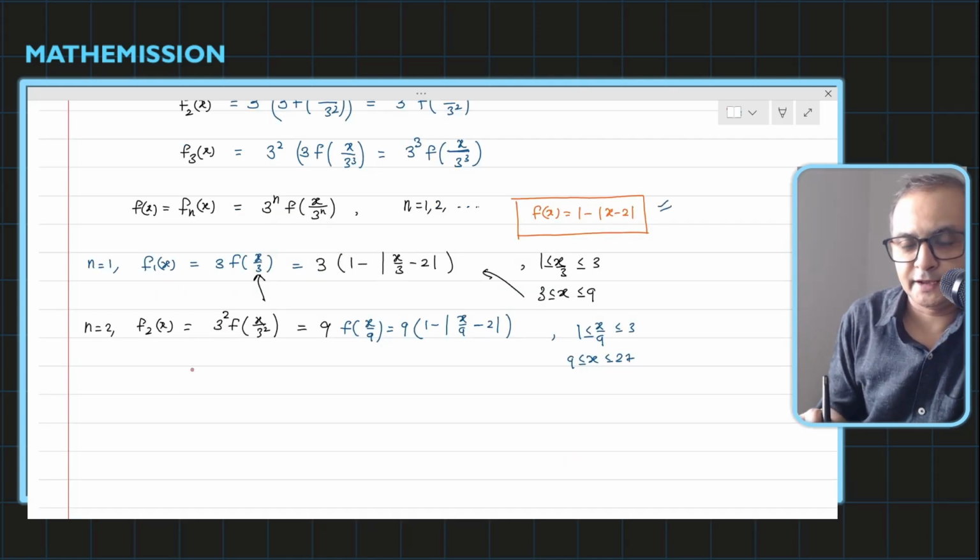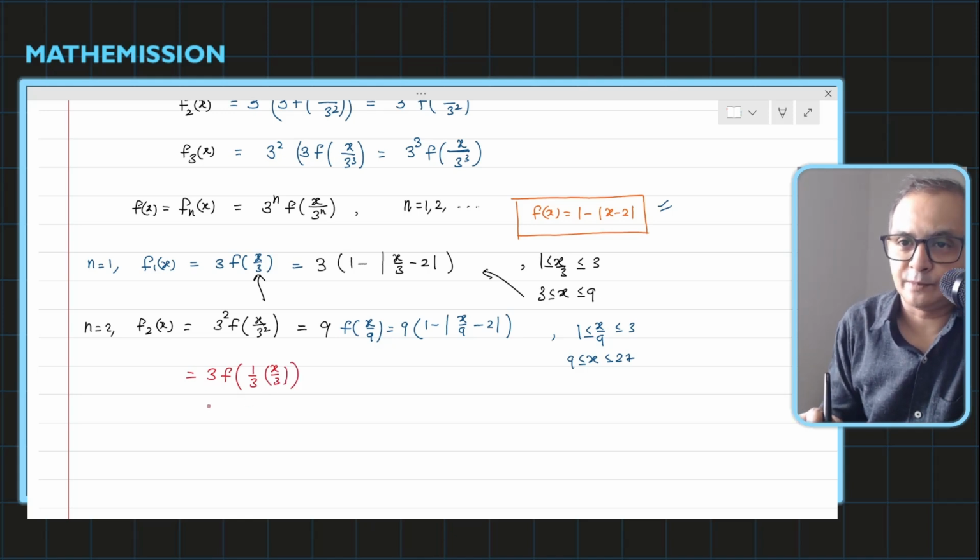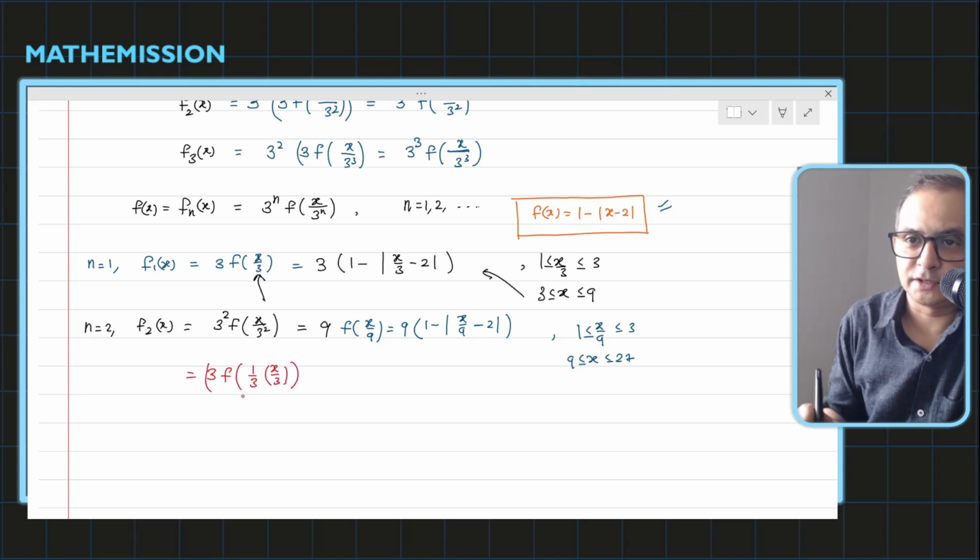You can also think in this way. This is 3 times f1 of x by 3. You can see what is happening, and actually it's thrice of this. Let me write it. It's 3 times, and this is nothing but, in the previous function, 3 times f of x by 3, we are substituting x by 3.